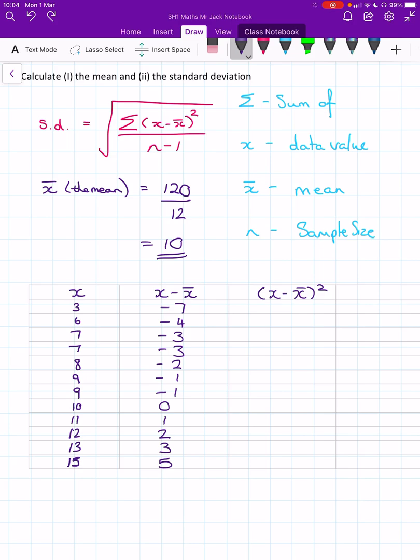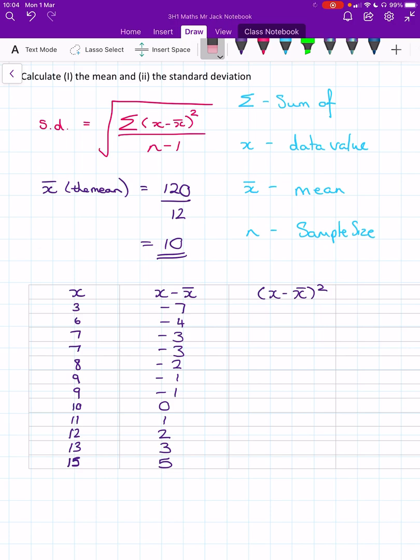Why is that? Well, let's take an example. Negative 4 squared is the same as negative 4 multiplied by negative 4. You know that when you multiply two negative numbers together, you get a positive number. So in that column, x minus x bar squared, you should never, ever get a negative number.